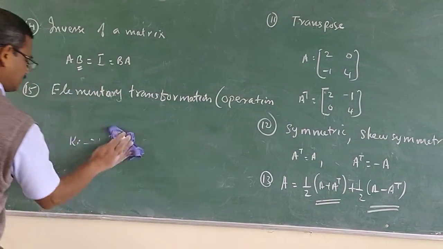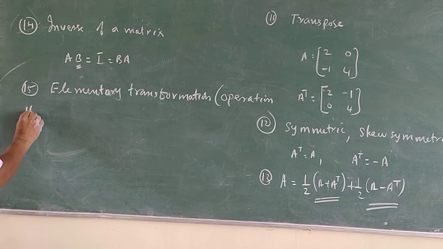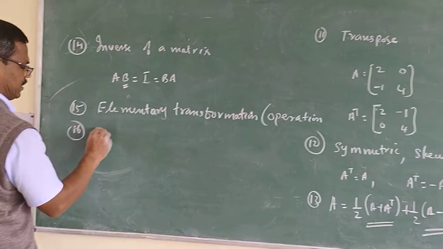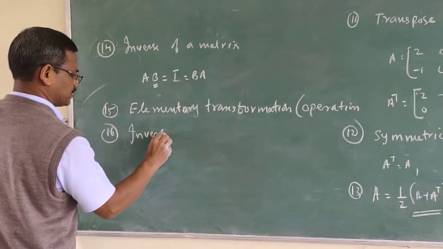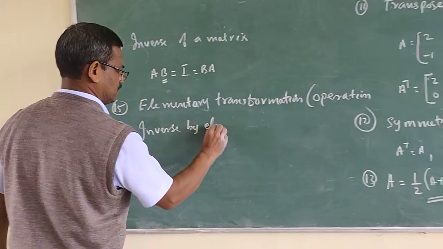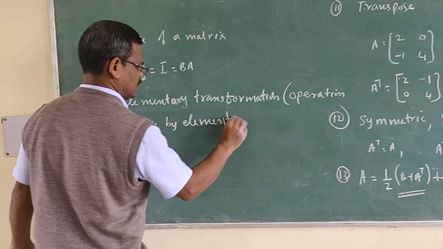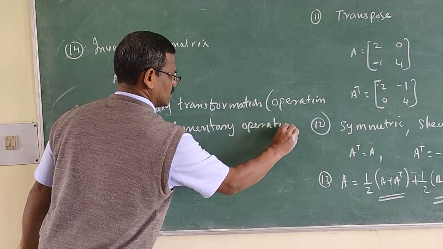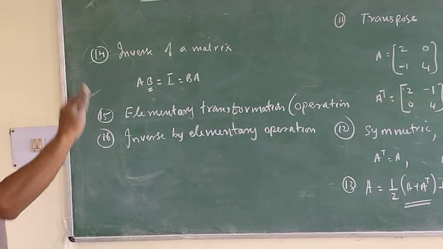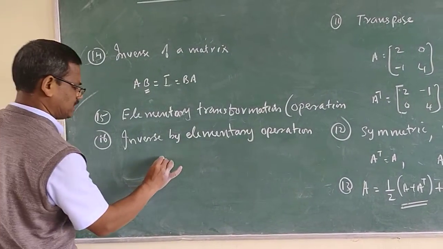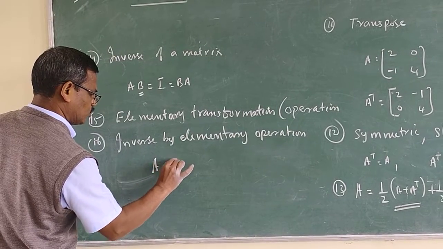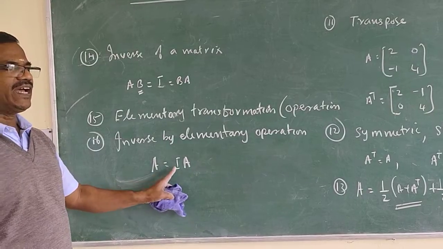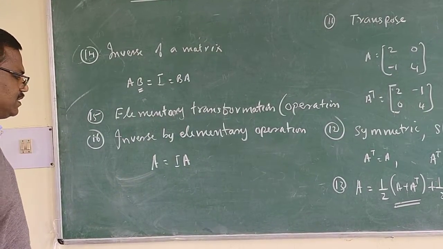And then finding the inverse by elementary operations. What are the steps to be followed? You know that A is equal to IA, where I is the identity matrix.